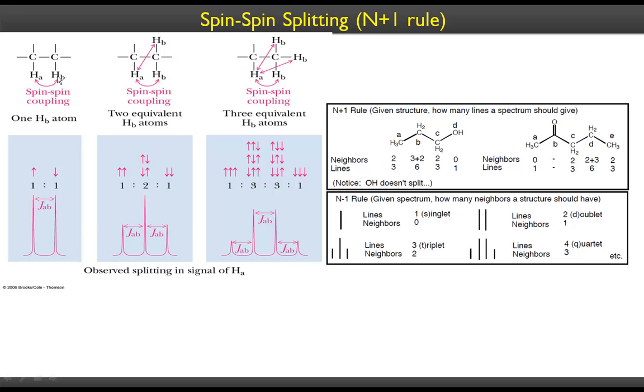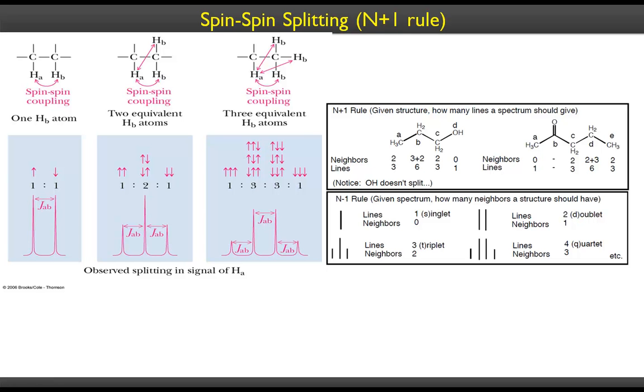This is HB having an effect on HA, and that's coupling with HA, and the extent to which it couples is given by the coupling constant. J is the symbol for coupling constant, and the coupling constant is given in hertz. Though the NMR scale is in ppm, it's given in hertz because the actual scale of NMR is in megahertz, right?